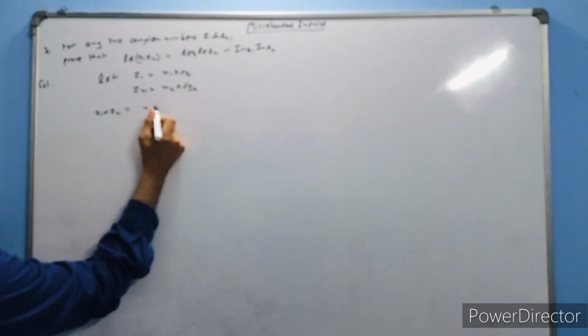So we have (x1 plus i y1) times (x2 plus i y2). Multiplying, we get x1 x2 plus i x1 y2 plus i x2 y1 plus i square y1 y2.